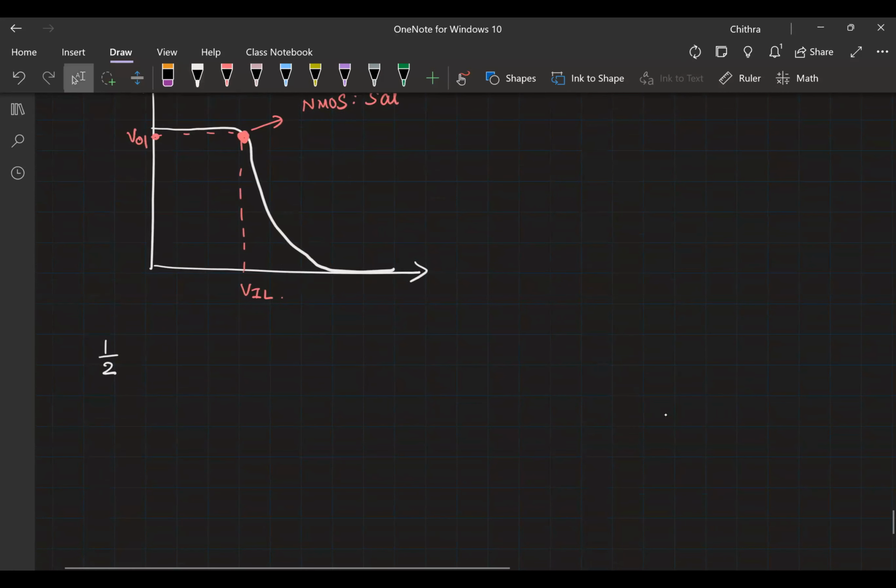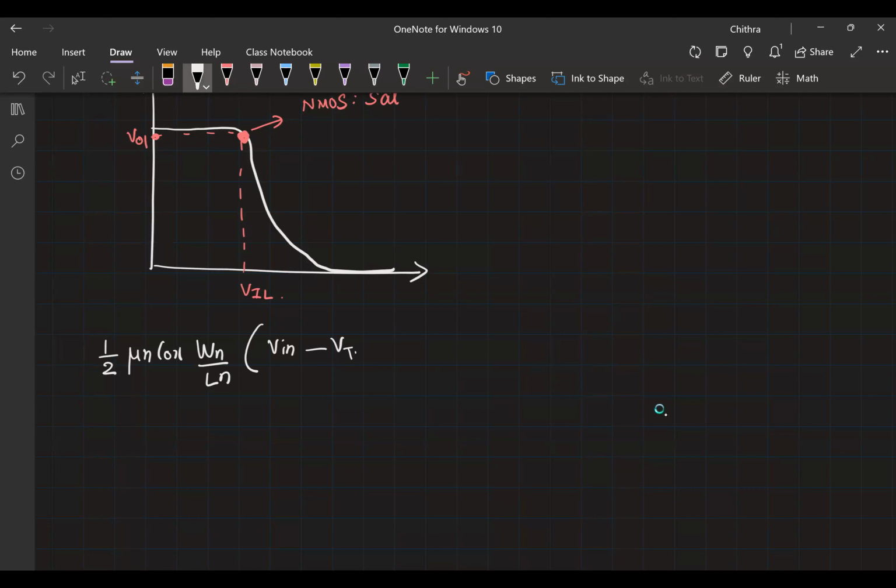So NMOS is in saturation region, half mu n COX Wn by Ln into Vn minus Vtn the whole square. What is the equation for PMOS current?